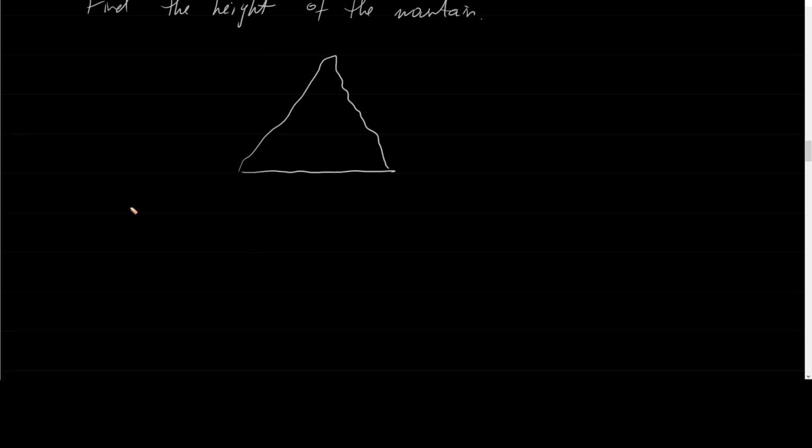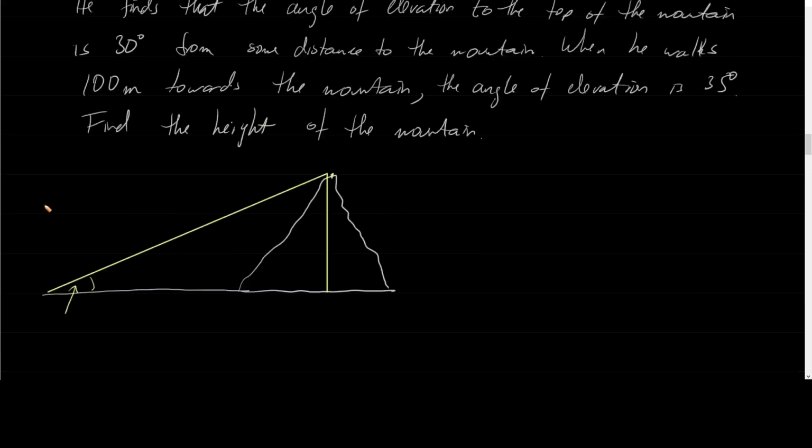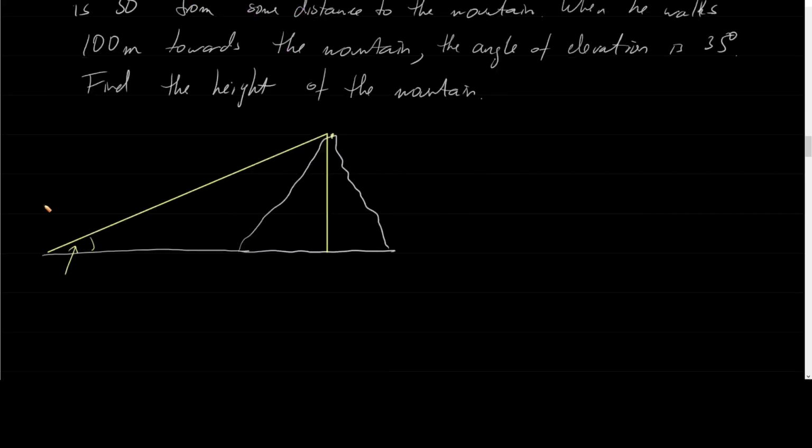All right. Now, on this mountain, we've got some information. We know that the angle of elevation from some distance to the top of the mountain, this angle right here, was 30 degrees.